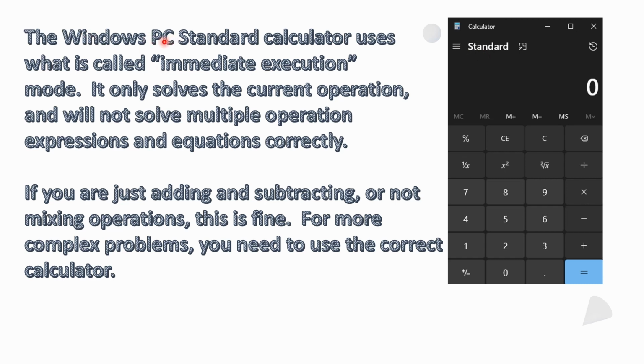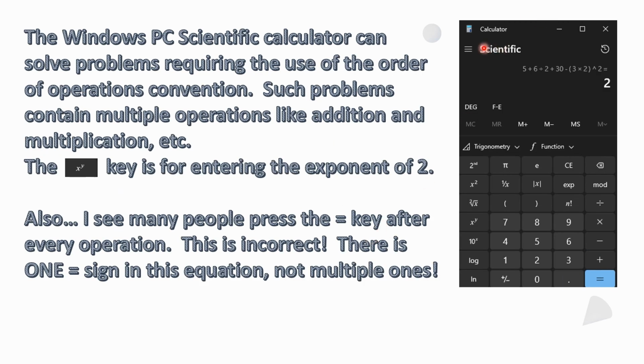But like I said before, the Windows PC standard calculator uses immediate execution mode, so it only solves the current operation. It can't do multiple operations. So if you're just adding and subtracting and not mixing operations, you can use that calculator. But I would suggest switching that over to scientific mode, as you see here, and it can solve problems that require the use of the order of operations.